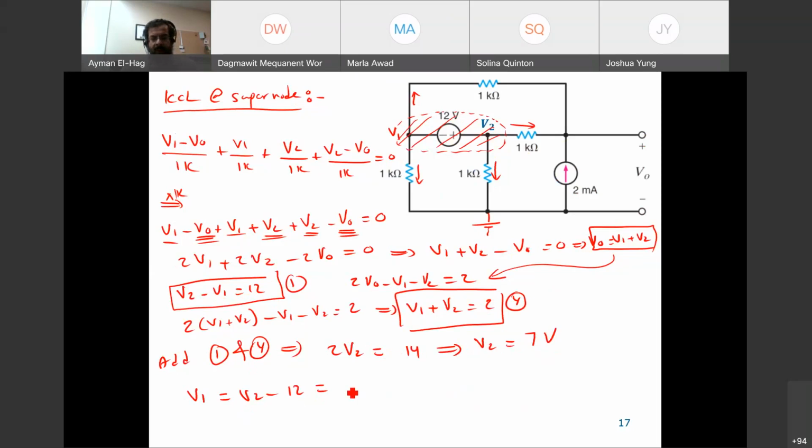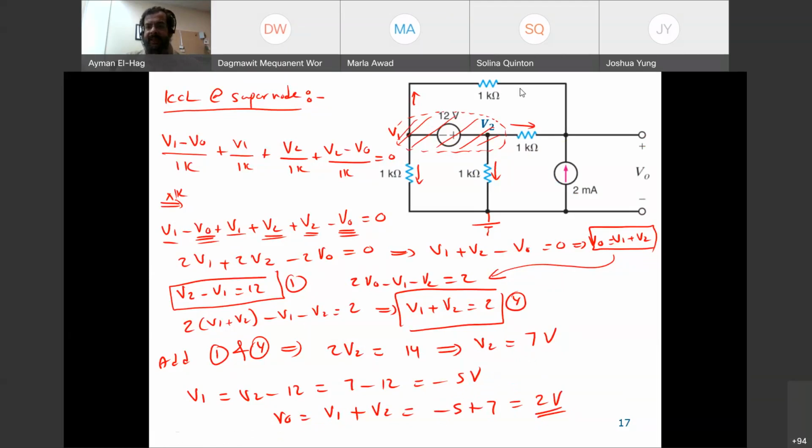So it's equal to V2, which is 7 volts, minus 12, equal to minus 5 volts. And finally, your V0 is nothing but V1 plus V2, which is minus 5 plus 7, and this is equal to 2 volts.